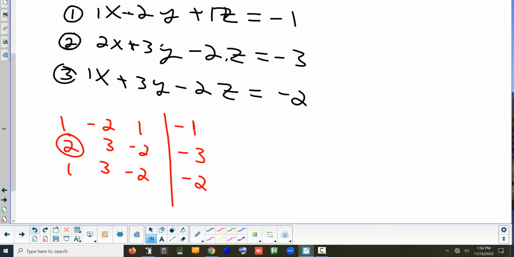Because I don't want to write that as a sentence. Multiply the top row by -2 and add it to the second row. That's too much. So this is how we're going to write it. We're going to do -2. When you circle a number, it means it's a row. Just like when I circled it, it was an equation. -2 times the first row. And we're going to add that to the second row.